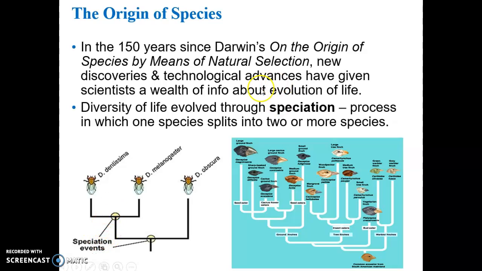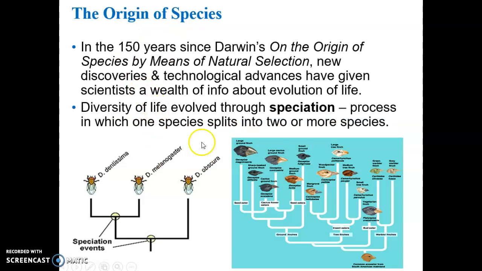So speciation is the same as macroevolution. Notice here, at a branching event, speciation occurs. The parental species is no longer around. It broke into one, and then later 2 and 3 species, in this case of flies.